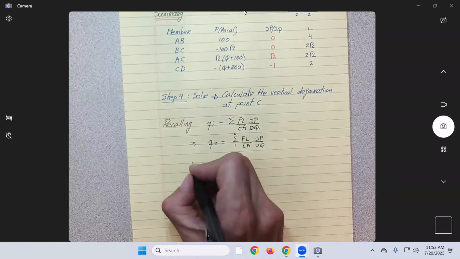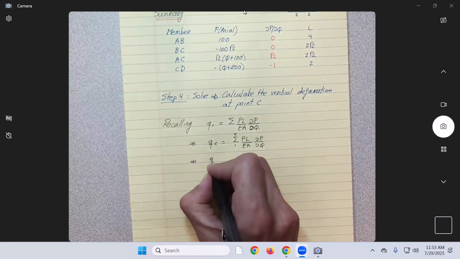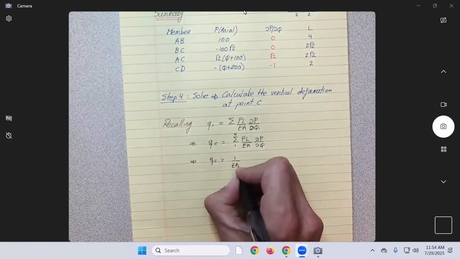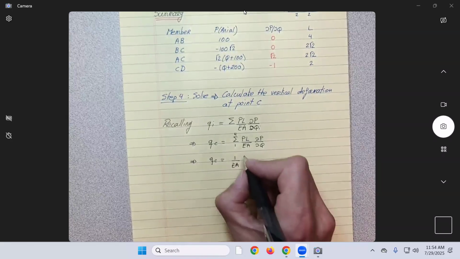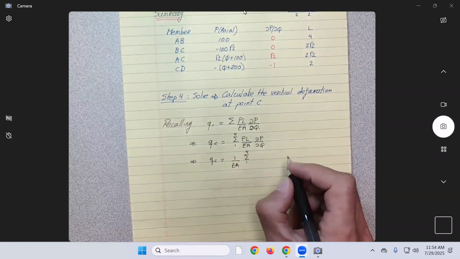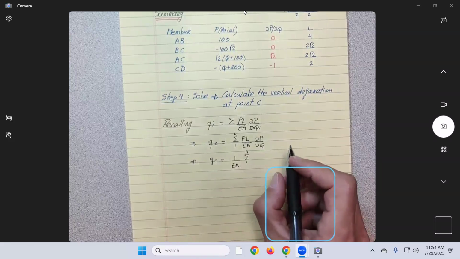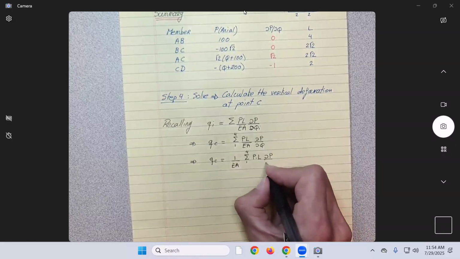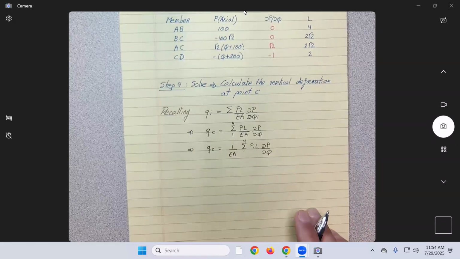But this will become what? I could simplify this as Q of C equals 1 over EA, because these two will be constant, summation 1 to 4 of PL times partial P partial Q.